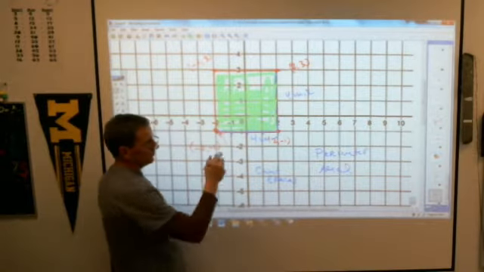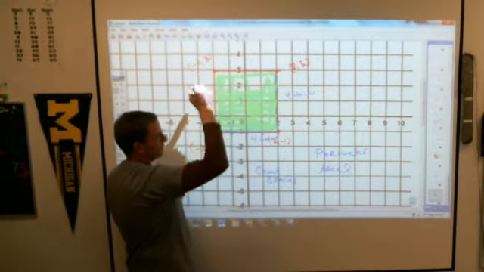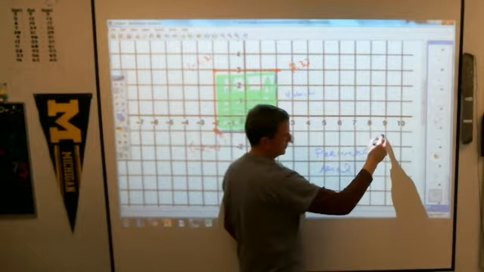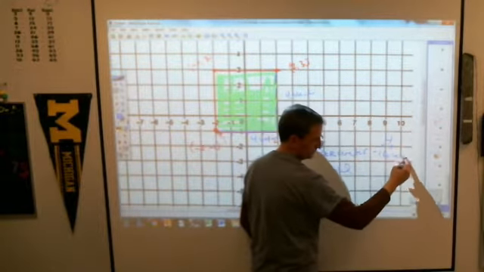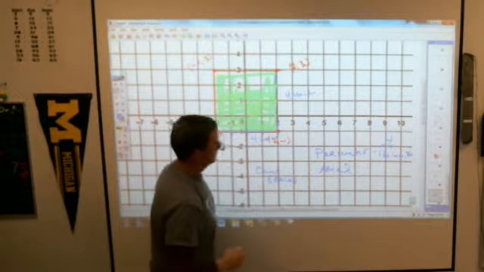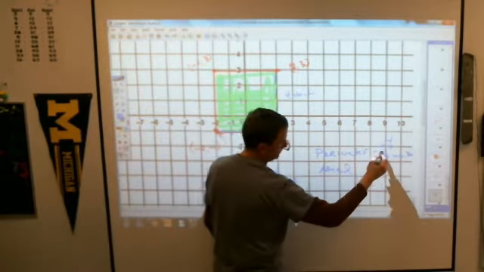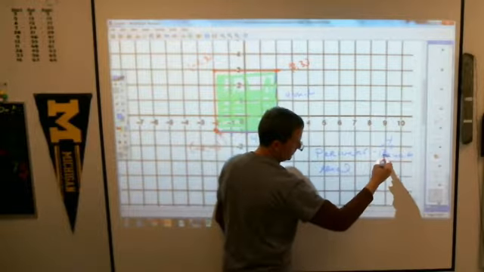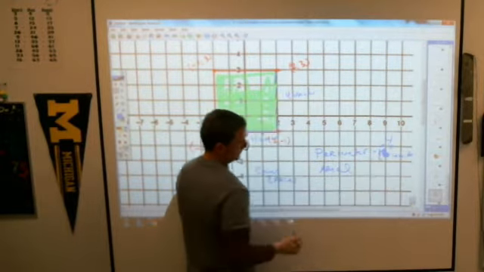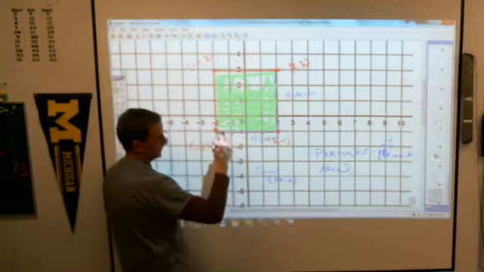So the perimeter would be 4 plus 4 plus 4 plus 4. It's actually a square. 4 times 4. Perimeter is 16 units. Wait, 12 units? Wait, 16 units. Why am I thinking that? Probably because the area is going to be the same thing.